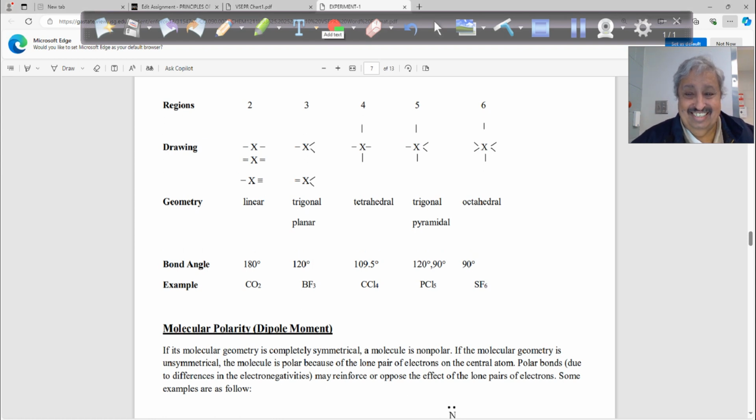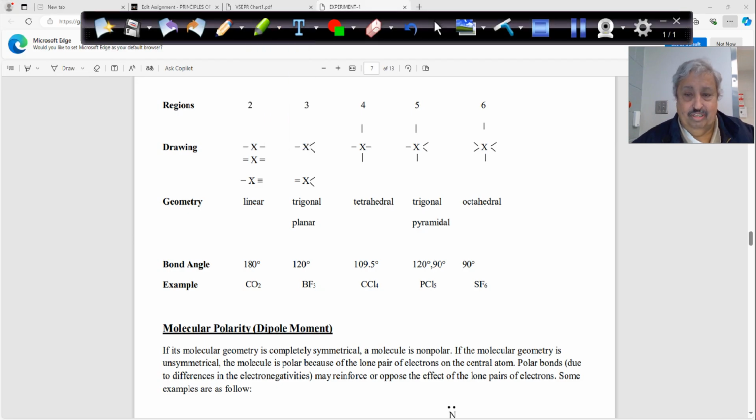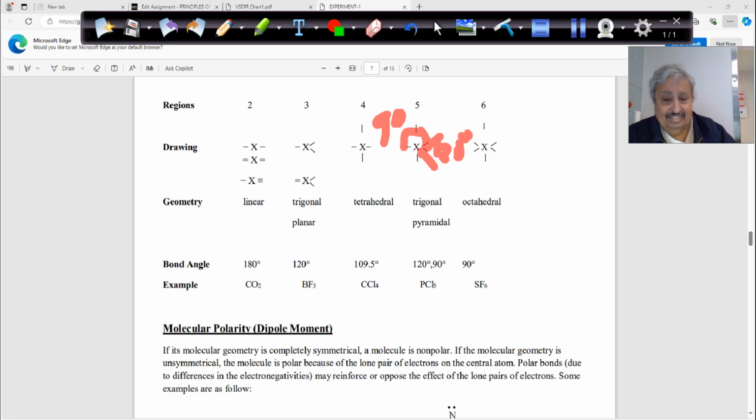She took this one here as 90, and then here as 120. But that cannot be taken. Yeah, 120 and 90. But some of them have 120 and 180, like the linear one. I can show you. But anyway, the angle is 120 and 90.